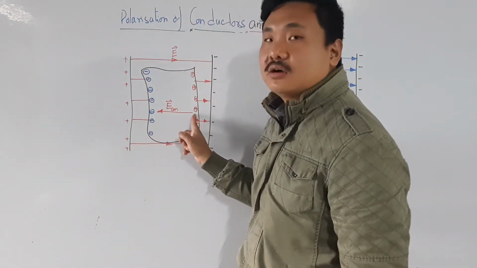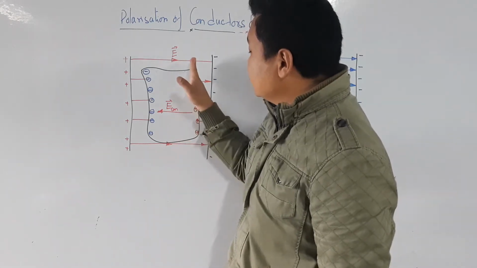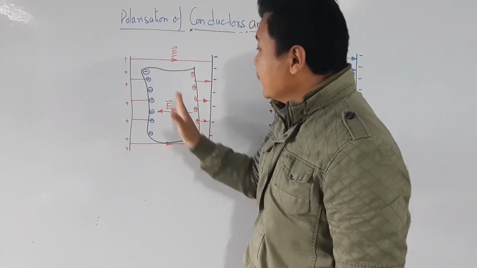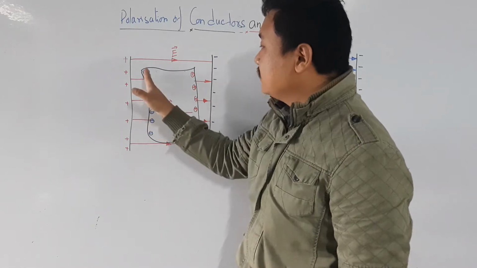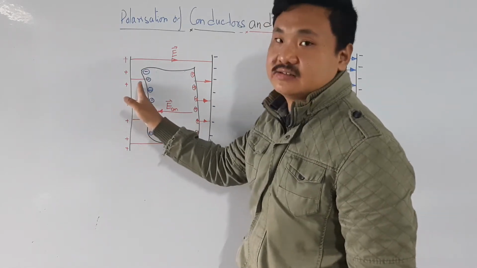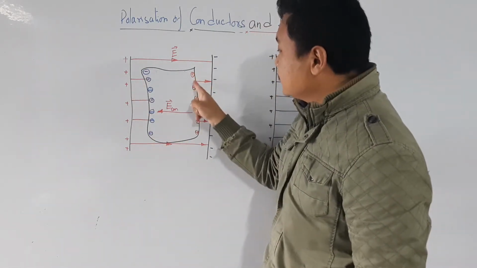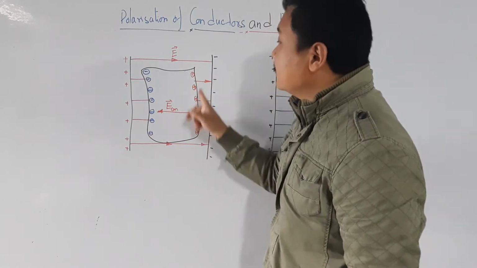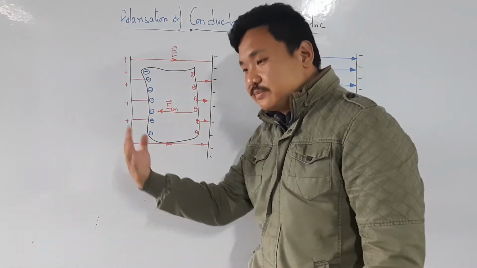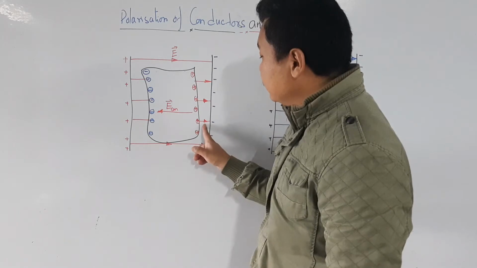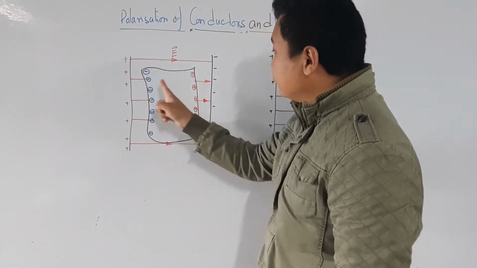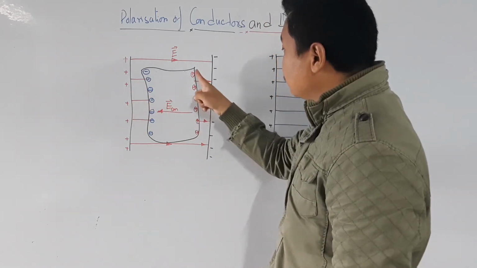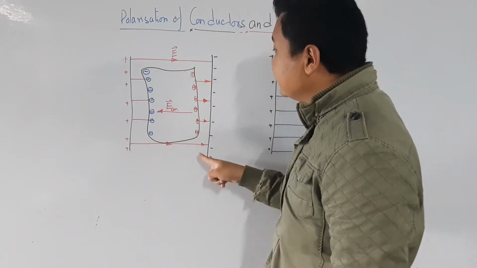All the positive charges are settled at one side and negative charges at this side. Why do positive charges settle at this side? Because positive charges experience a force in the direction of the electric field. So the electric field is in this direction, and the positive charge is all sitting here.